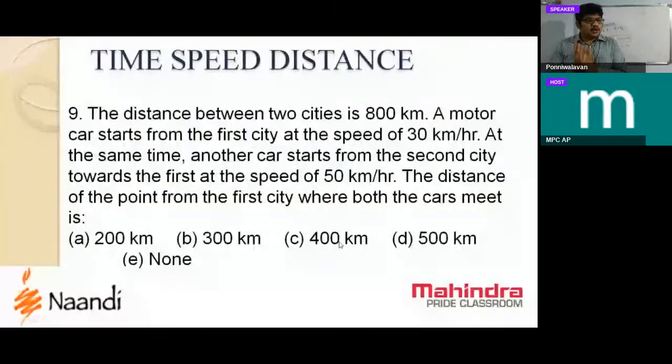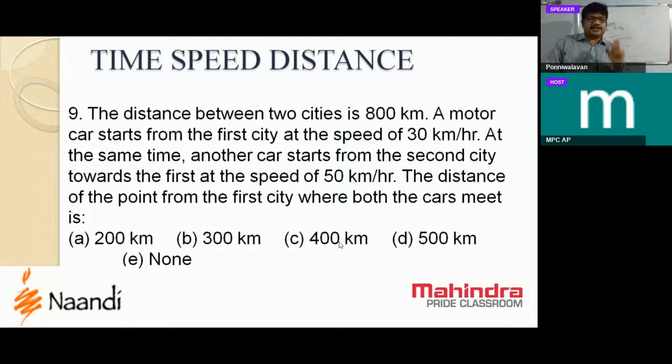A motor car starts from the first city at a speed of 30 km per hour. At the same time, another car starts from the second city at the speed of 50 km per hour. What is the distance between the two cities? 800.